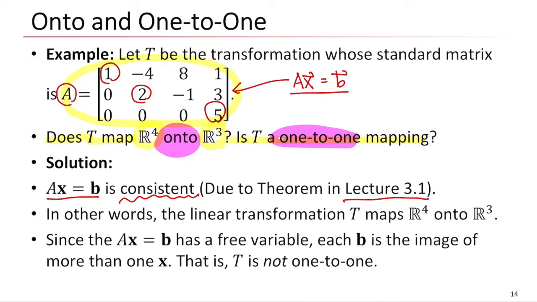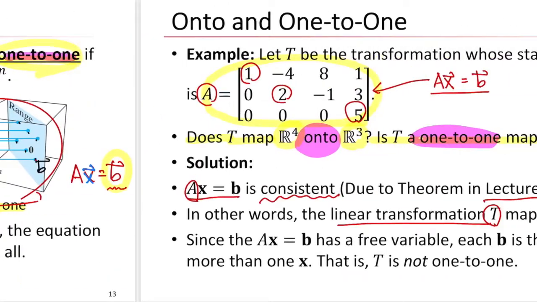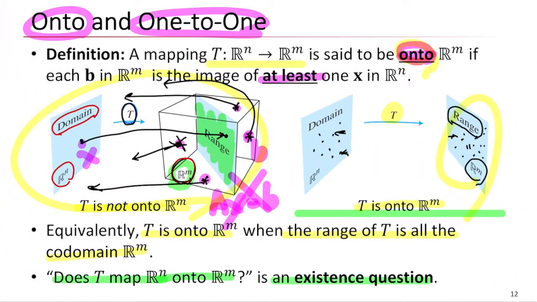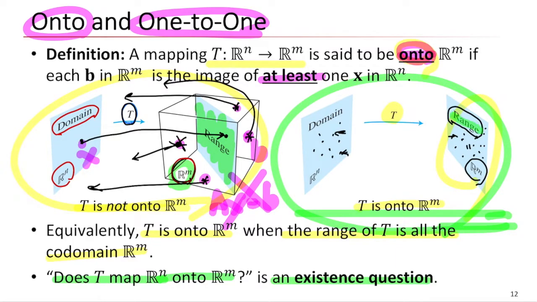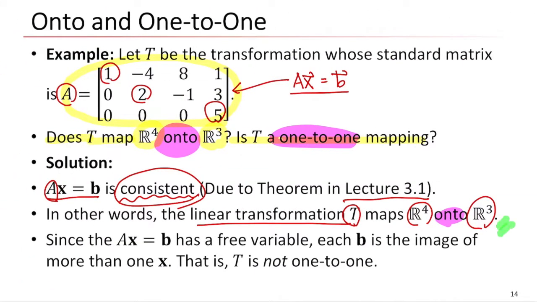In other words, the transformation T, or the matrix A, maps R4 space onto R3 space, right? Why? Because there exists a solution. So the range of the output is exactly the same as Rm space, and it satisfies the onto property.